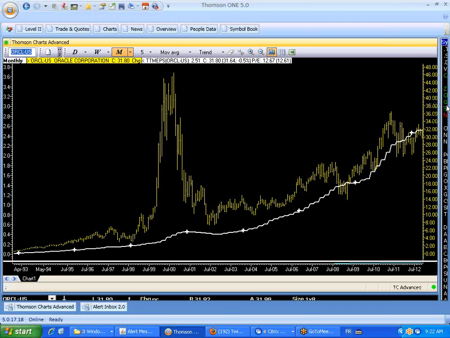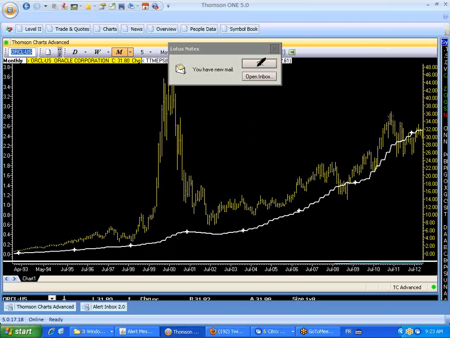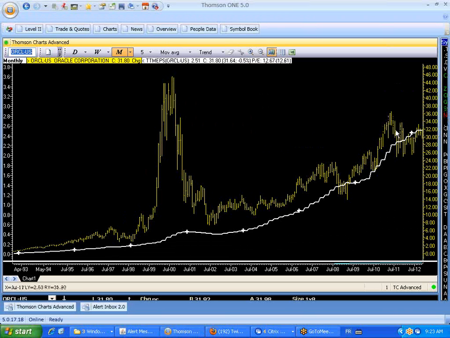Now the last point that I want to make is that the earnings per share line, depending on the shape, is going to tell you where your entry and exit points are. But also be aware that if the earnings per share flattens out, let's say if this curve, instead of going up like that, went like that, then your entry point is going to get lower and your exit point gets lower too.